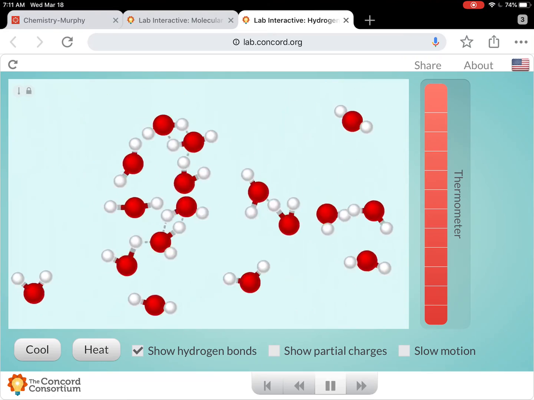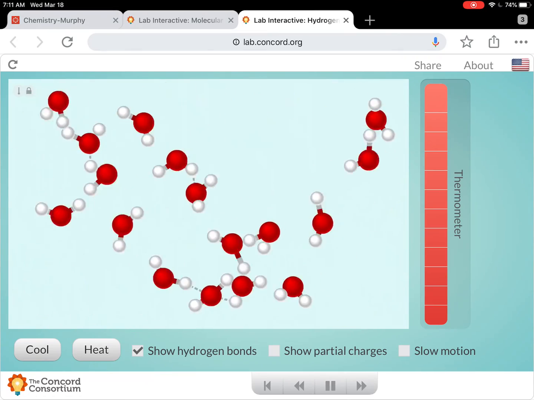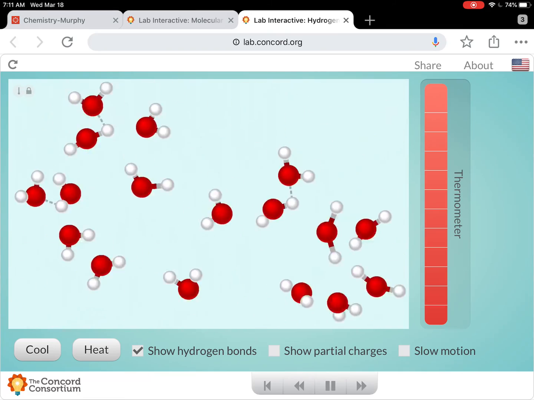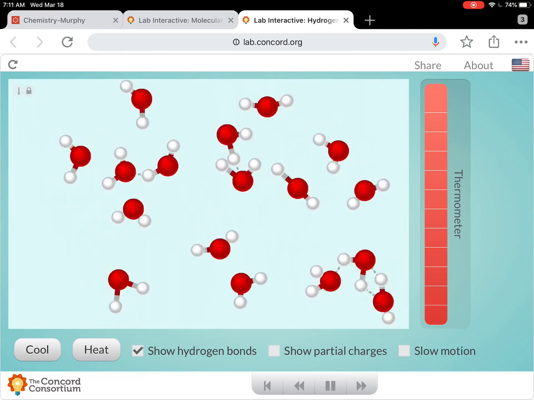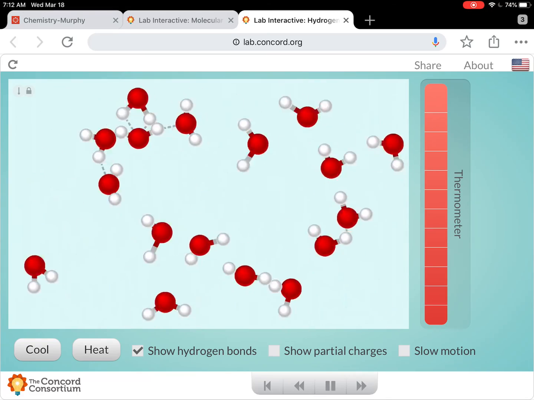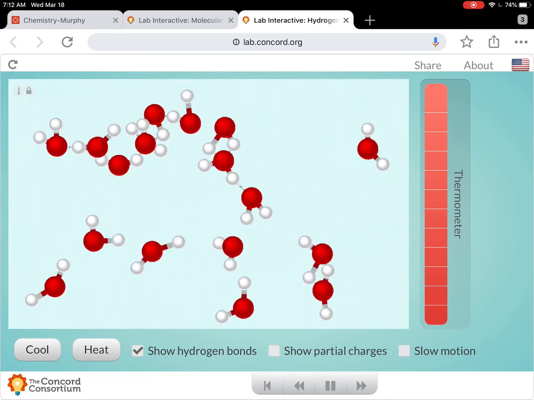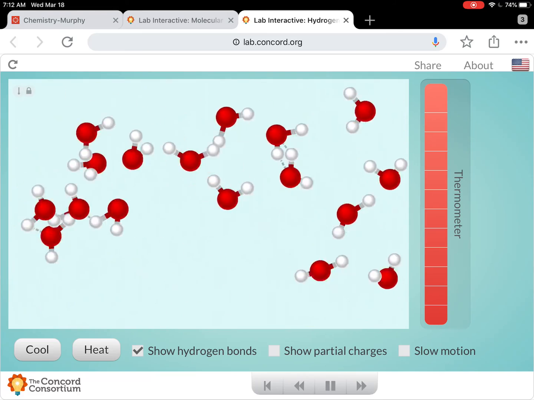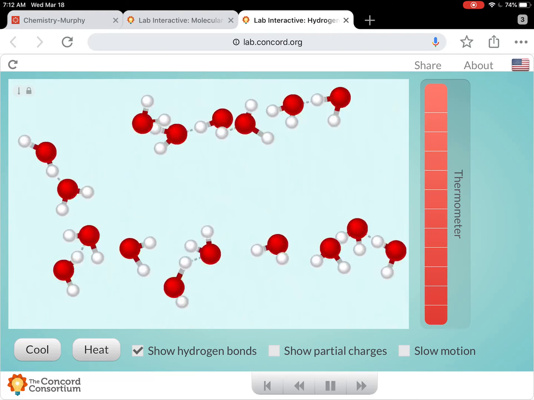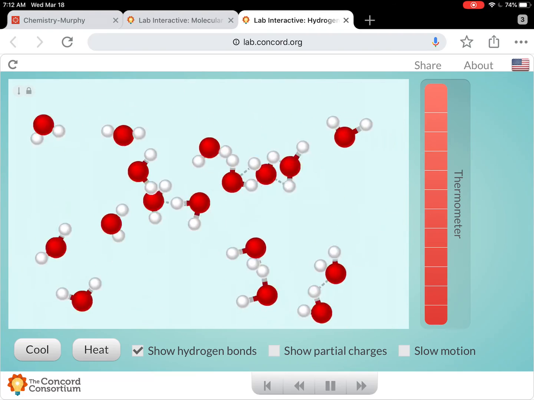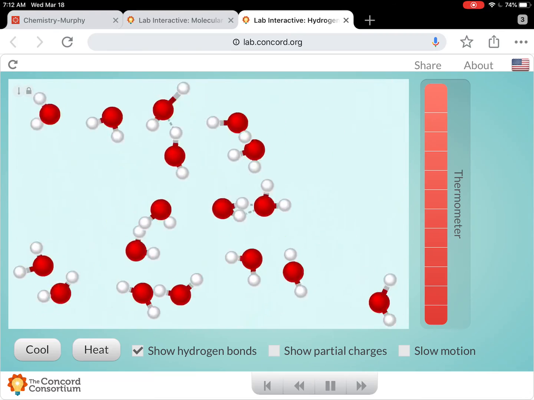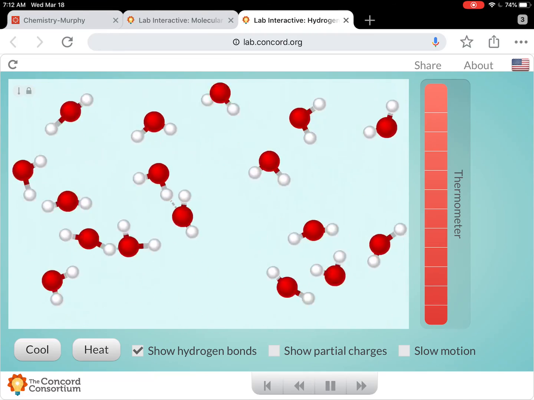Let's go back to play. Now, temperature is off to the right, and it's important to just kind of look at the entire picture as a whole. You might notice that we are almost in a scenario in which they are behaving ideally, the gas particles, but they're not all moving at the same exact speed. Some are moving a little bit slower at times, and some are moving a little bit faster at times. They are ricocheting. We're not forming liquids or condensing into a different state or forming different molecules.